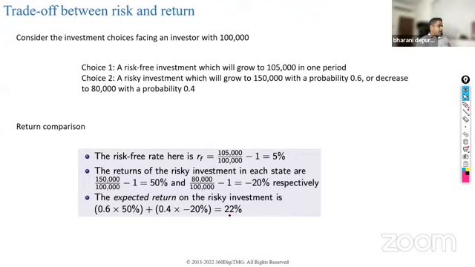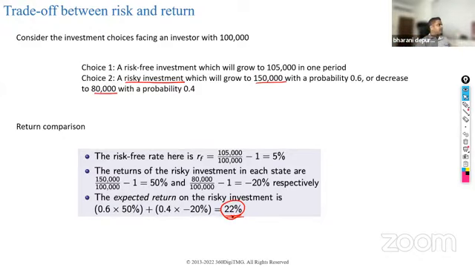So if you solve that, you get 22%. So the expected return here is 22% for the risky investment. Sometimes you might gain, sometimes you might lose. On an average, you get 22% return. If you stay invested for a long period, how long depends on your thought process and your investment strategies, maybe 4 years, 5 years, etc., then you get 22%.